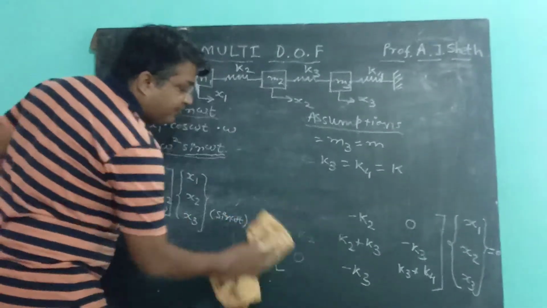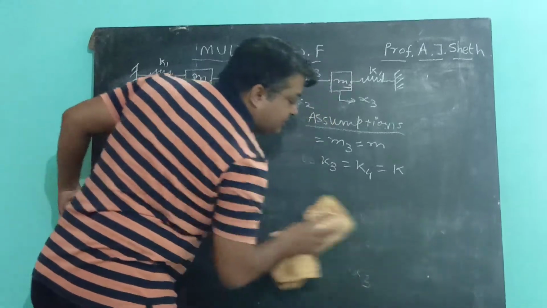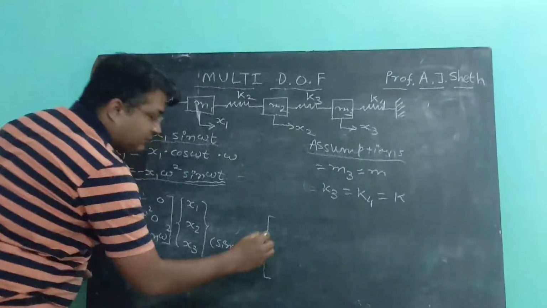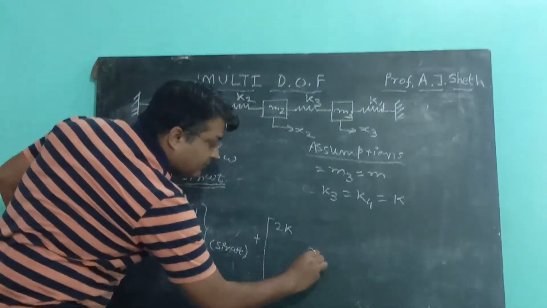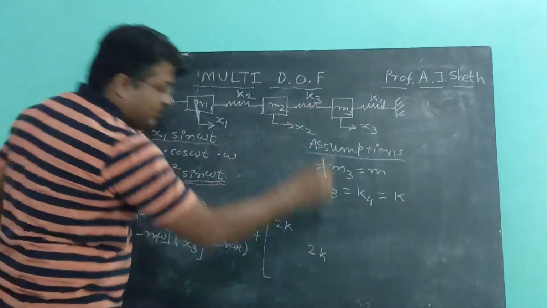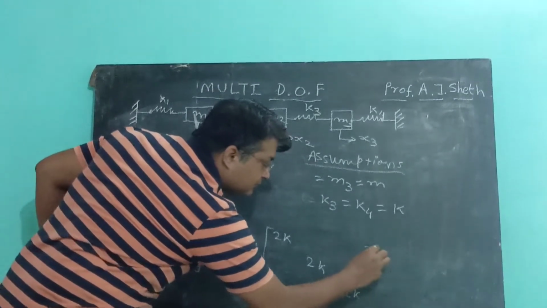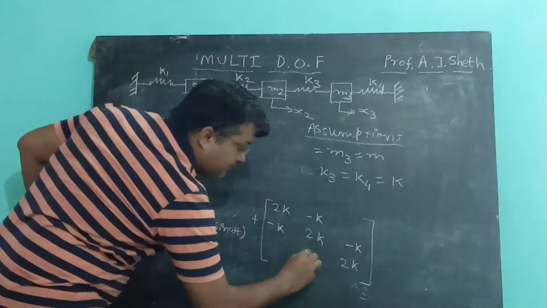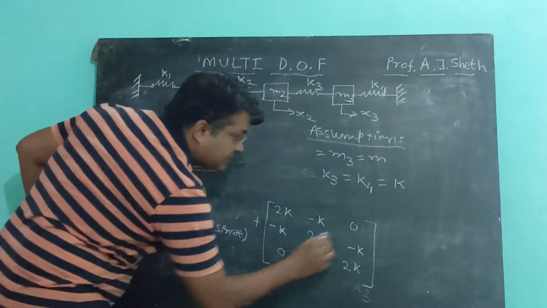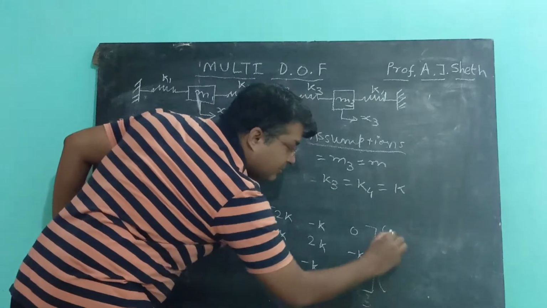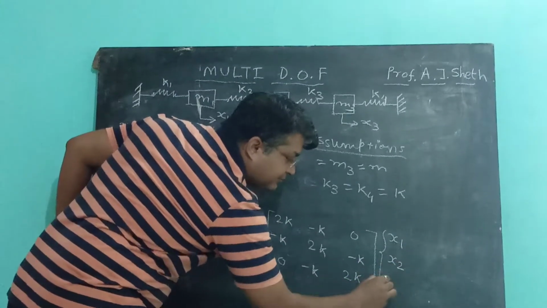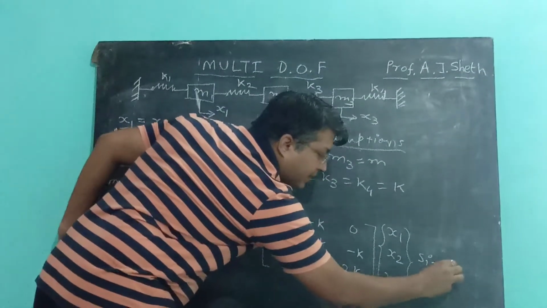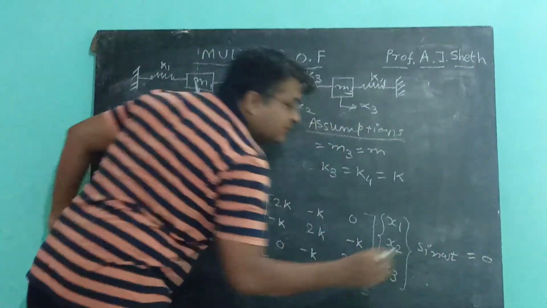Now let us present it in this way: plus 2k, 2k and 2k, minus k, minus k, minus k, minus k, the remaining locations are 0, and x1, x2, x3 sin omega t is equal to 0.